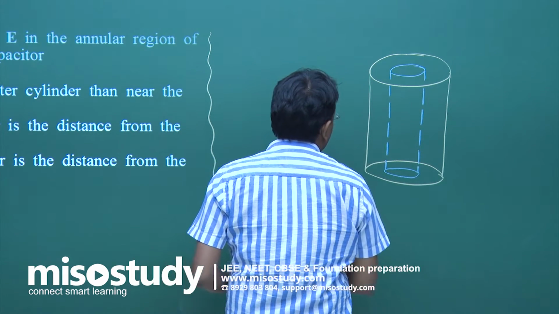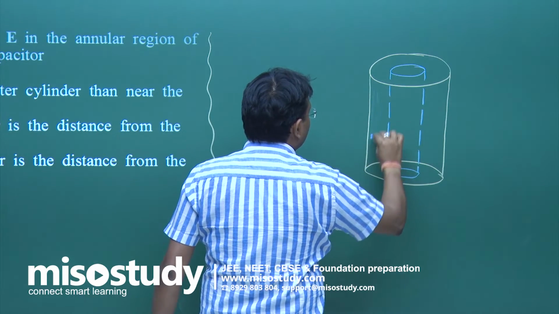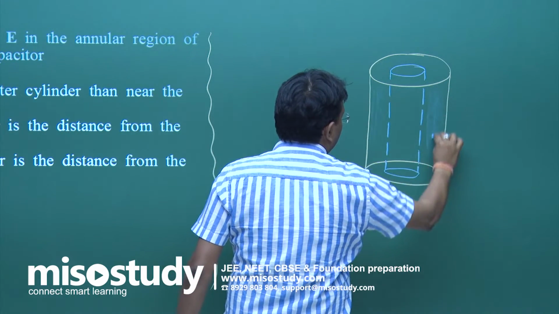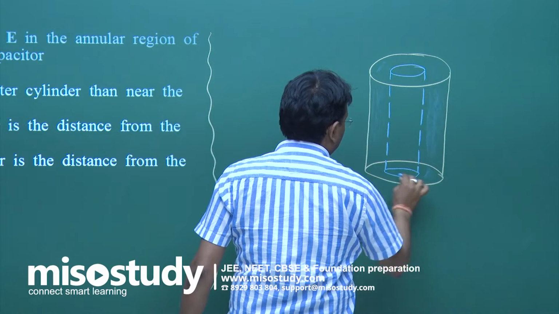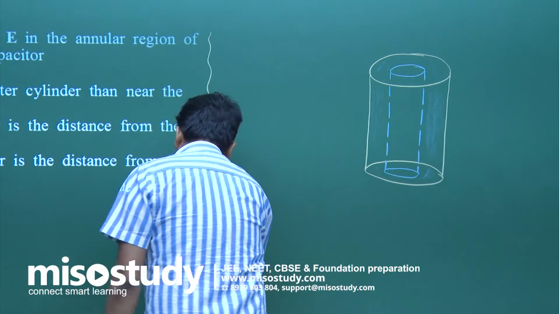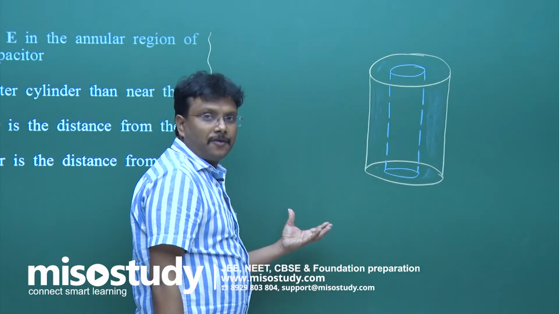Okay. So, annular region means this entire region.